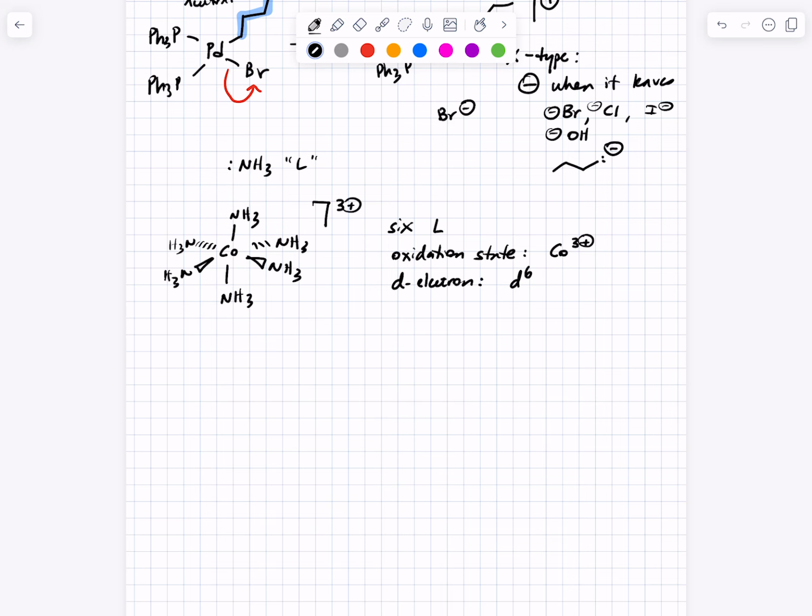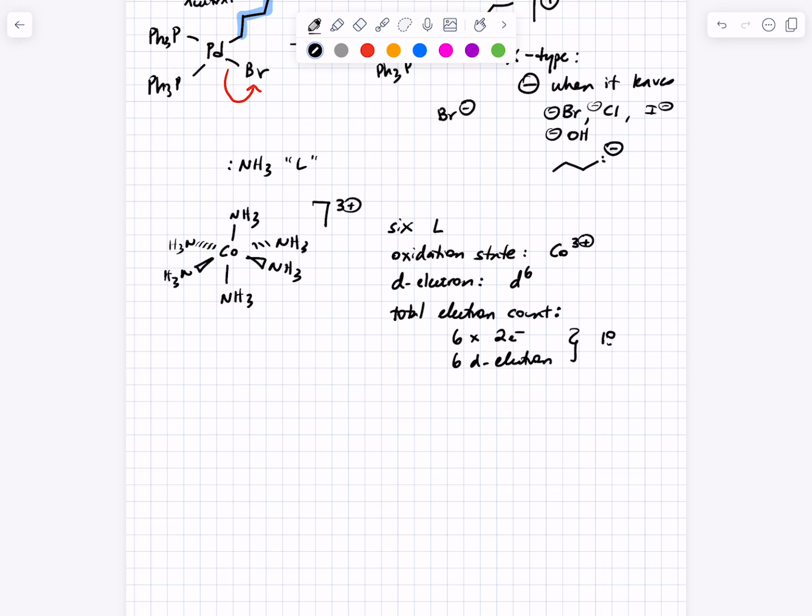Now we also want to get an idea of what the total number of electrons are around the metal, including ligands plus d electrons. So we've got 6 d electrons and then 2, 4, 6, 8, 10, 12. We've got 6 ligands times 2 electrons per ligand, and we have 6 d electrons.